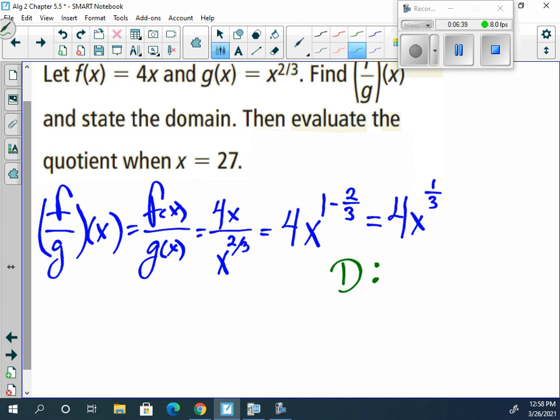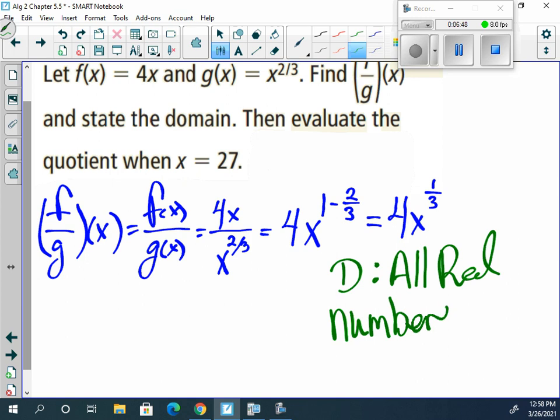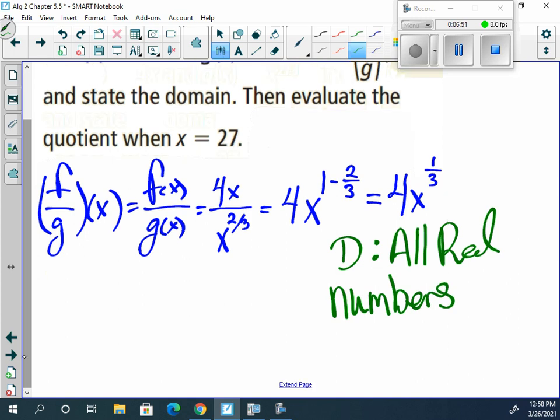odd root, which means the domain is actually all real numbers except what? 0. Because again, since we're talking about division, whatever makes g of x equal to 0 has to be excluded.